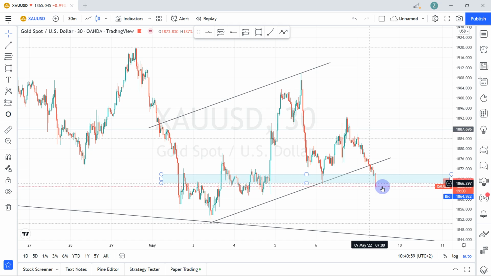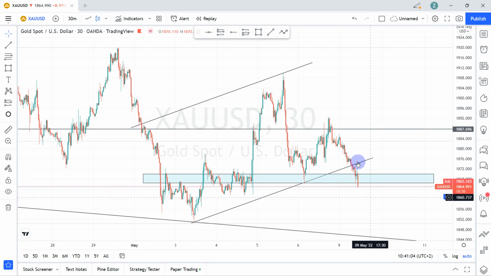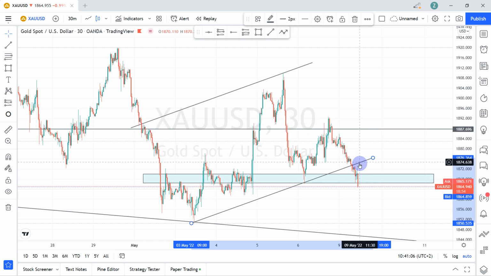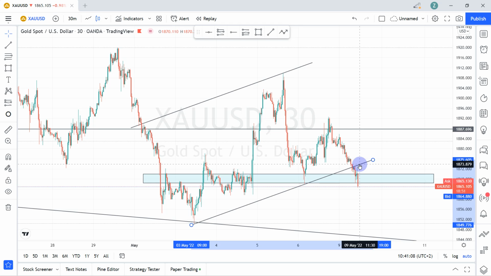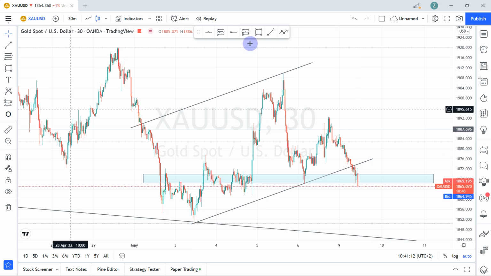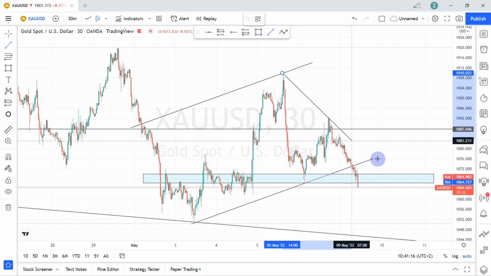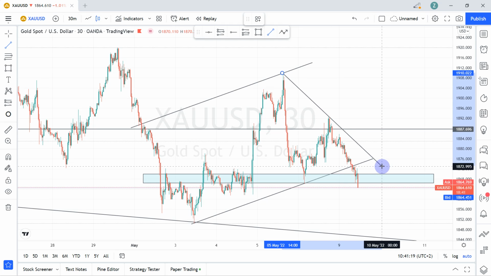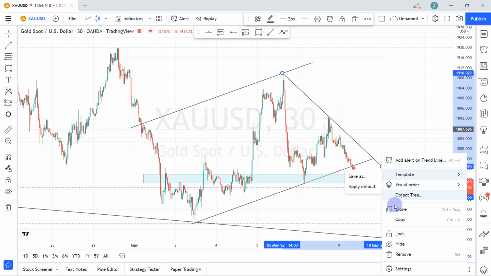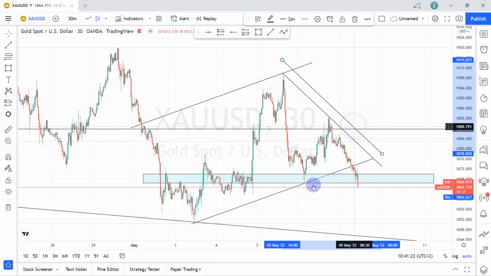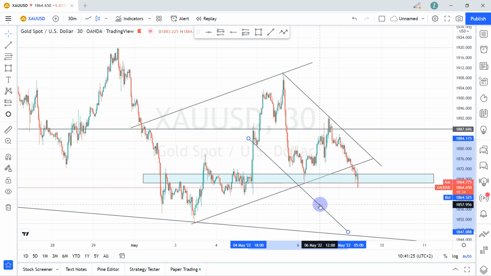So right now the market is breaking out of our zone, meaning that we should cater for sells. Yes, we should cater for sells. So now that we're catering for sells, I want to try and see if I can cater for this.